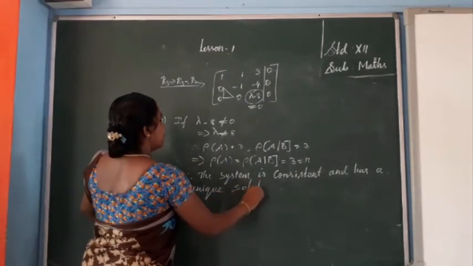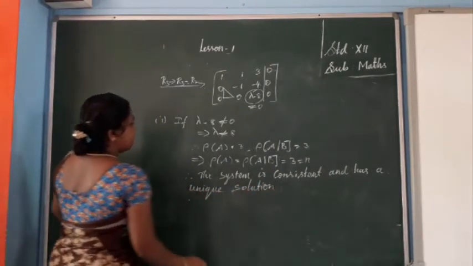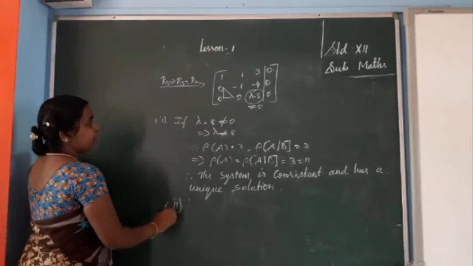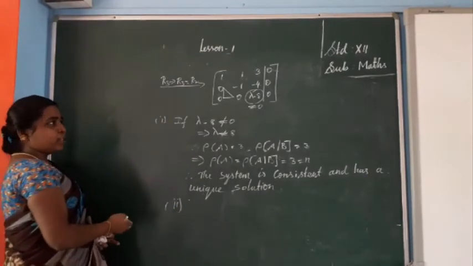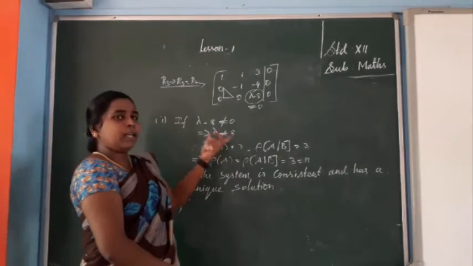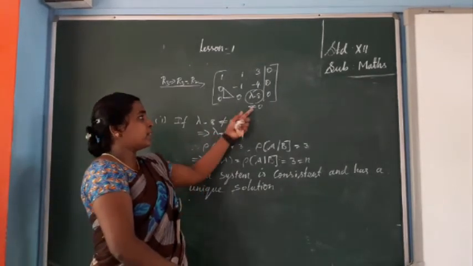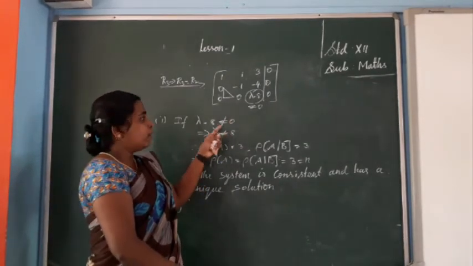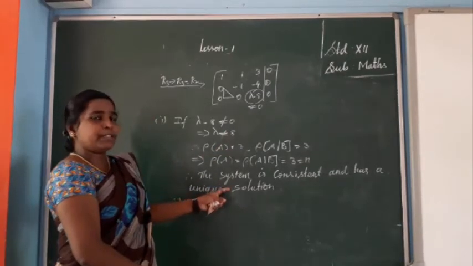Okay. Next, for the second solution, we are going to take lambda minus 8, only two possibilities, maybe 0 or not equal to 0. Only two. First we have taken not equal to 0. If not equal to 0, we got the unique solution.